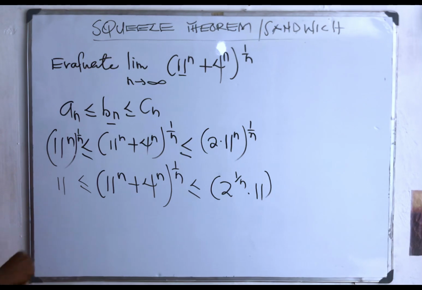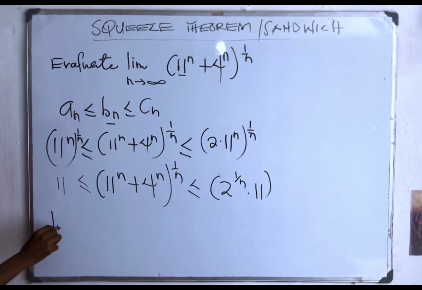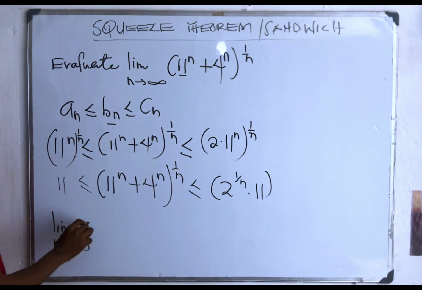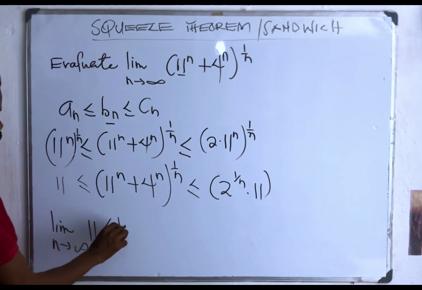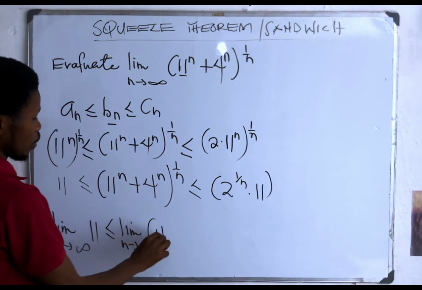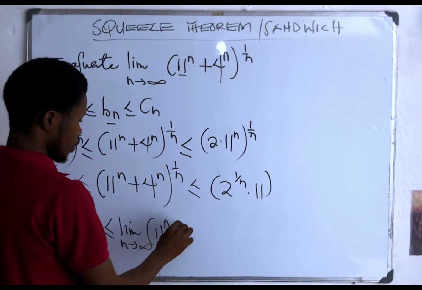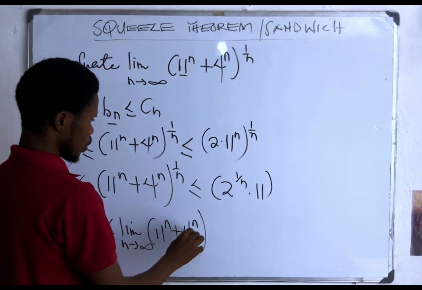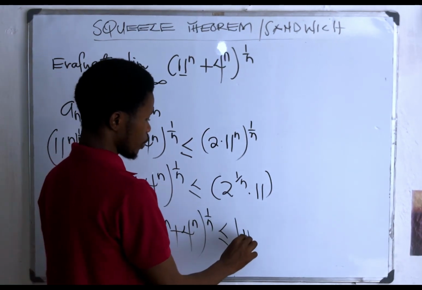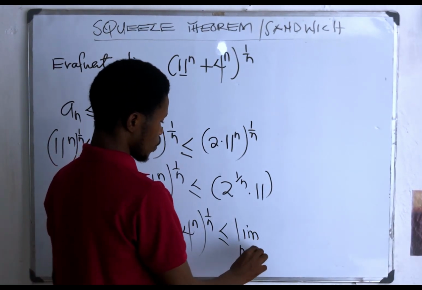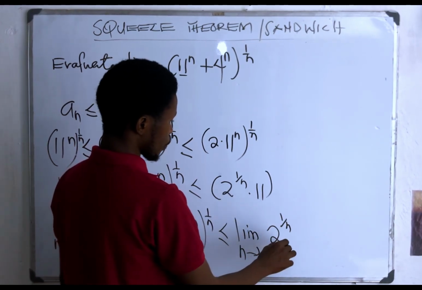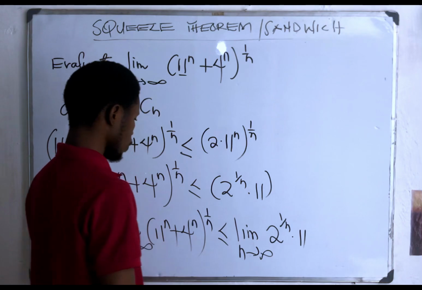So you are now applying the limit on it. You have the limit as n approaches infinity of 11, less than or equal to the limit as n approaches infinity of 11 to the power n plus 4 to the power n, all to the power 1 over n, less than or equal to the limit as n approaches infinity of 2 to the power 1 over n times 11.